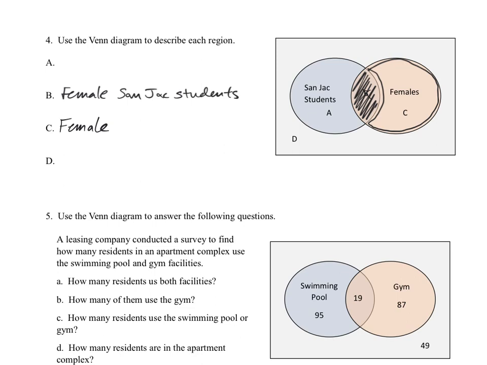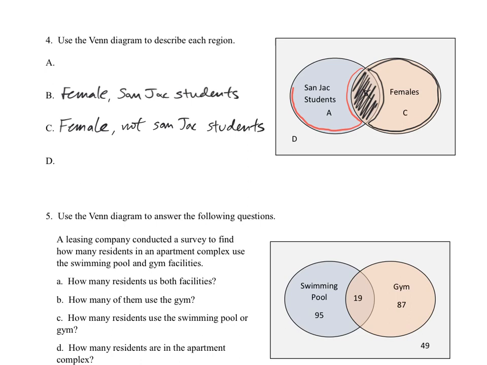But we also include the negation of the other bubble. So these are females, but not Sanjak students. So female, not Sanjak students. And so we have to do the same thing for this bubble over here.